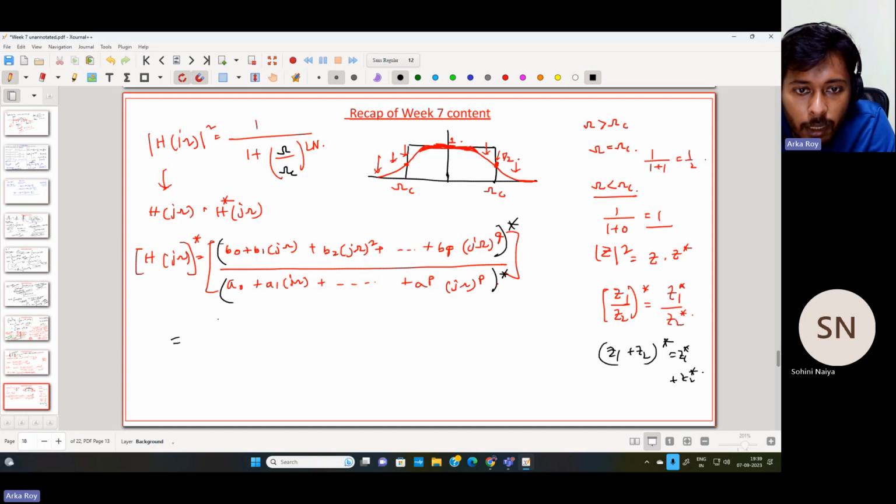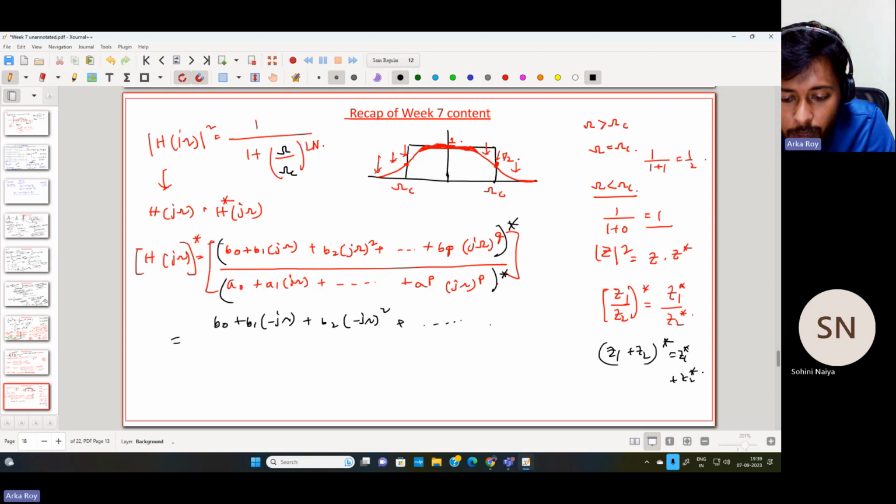So over here I can get b0 + b1 (minus jω) + b2 (minus jω) squared, and likewise.